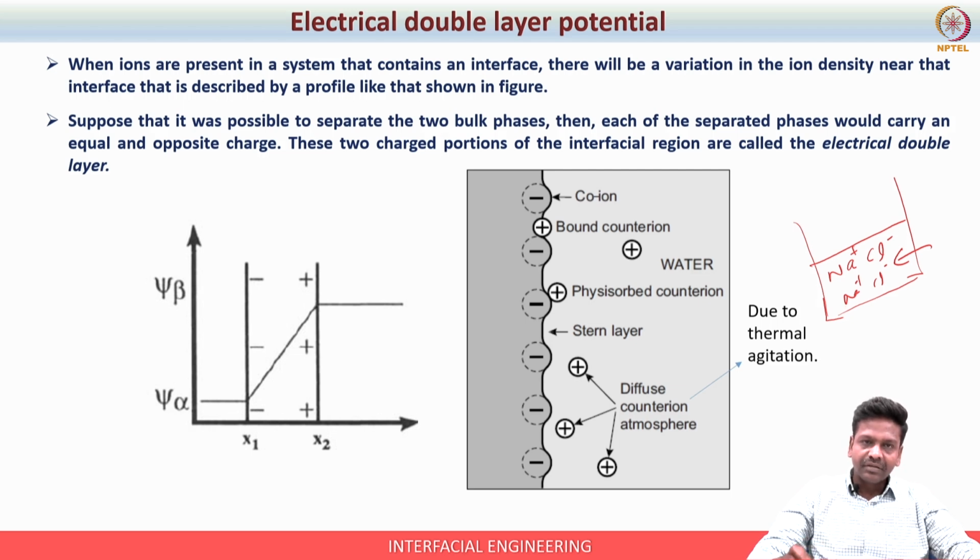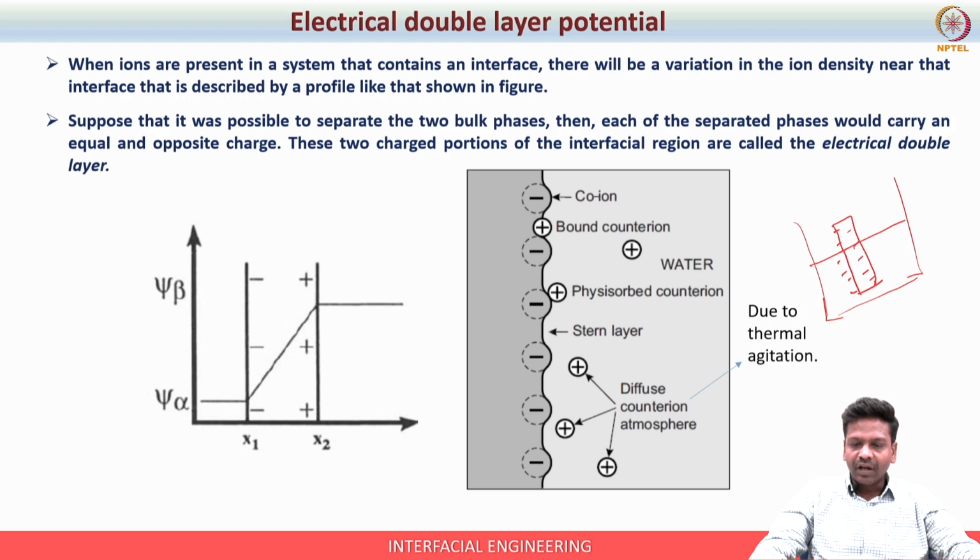Okay, now this is one scenario. Let's say in this medium, containing counterions and coions in the solution, I introduce another system, a solid system, which is not neutral but charged, negatively charged. Whenever you introduce a negatively charged system, it actually disturbs the electroneutrality, right?